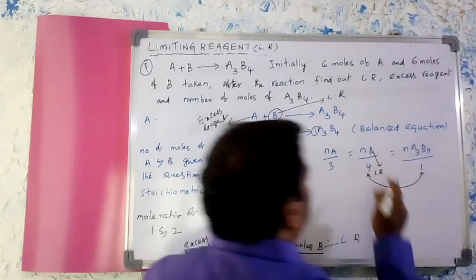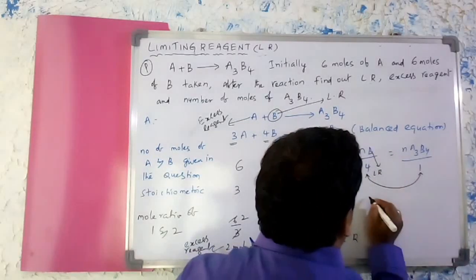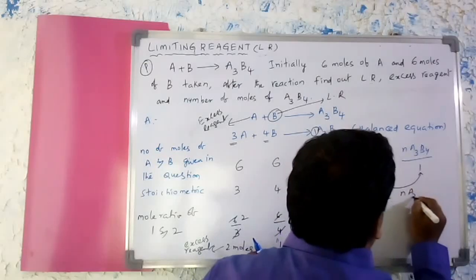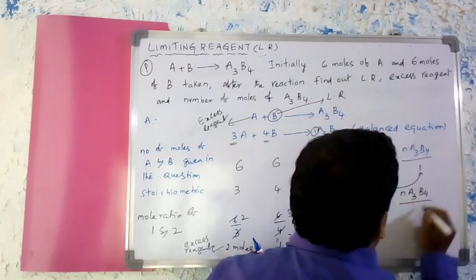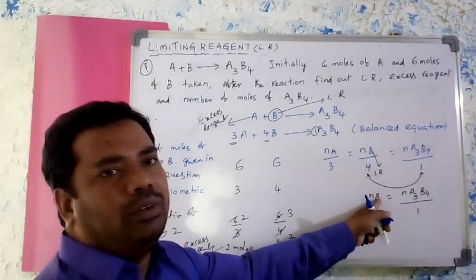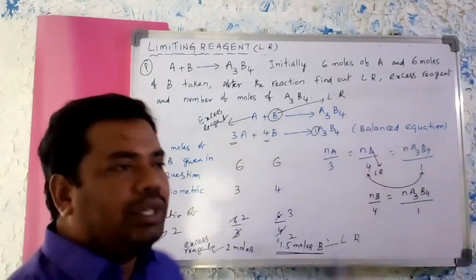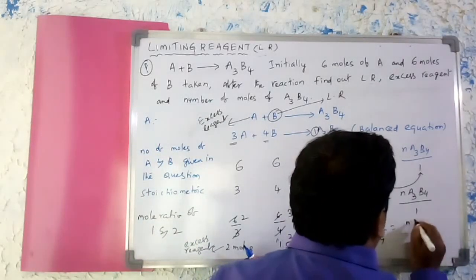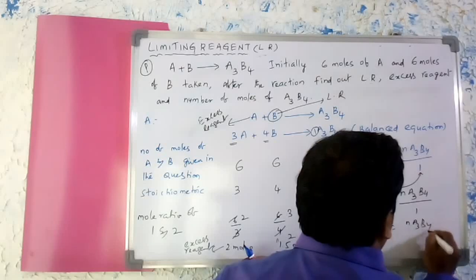So here nB by 4 is equal to the number of moles of product by 1. We know the number of moles of B given in the question, that is 6 by 4, equal to nA3B4 by 1.